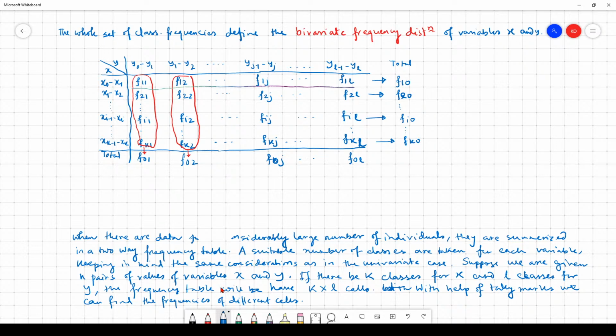So here fi0 is the sum over j of fij, and f0j is the sum over i of fij.